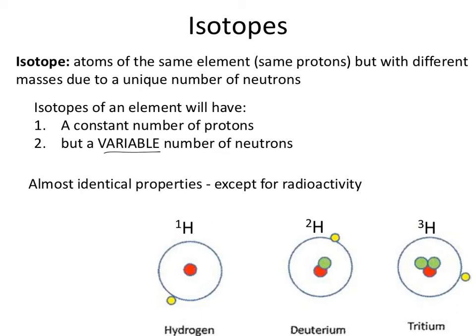Okay, so remember, mass number is protons plus neutrons. Okay, so we have one proton here. Why? Because obviously we need protons to identify the element. Hydrogen only has one proton. So in this particular isotope of hydrogen, there is only a single proton in the nucleus and no neutrons.